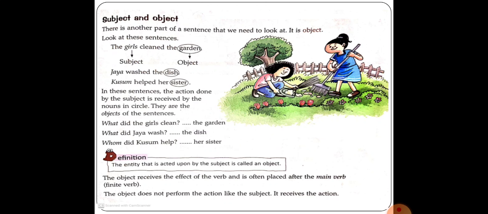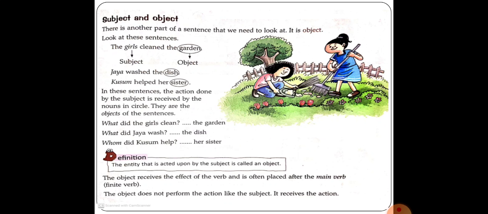Now we will talk about subject and object. There is another part of a sentence that we need to look at. It is the object. Look at these statements. The girls cleaned the garden. Now the girls is the subject and the circled one, garden, is the object.